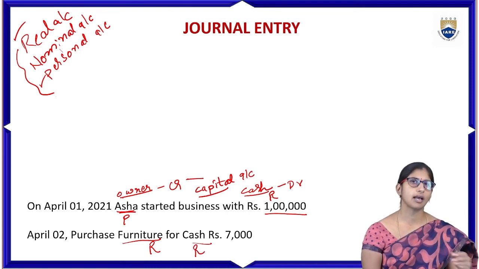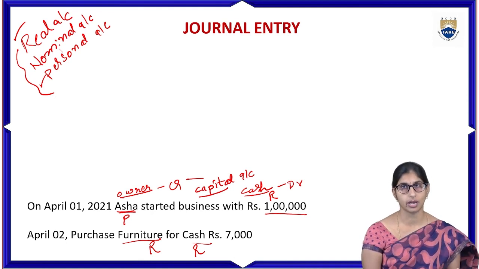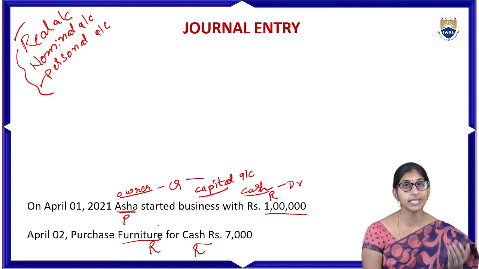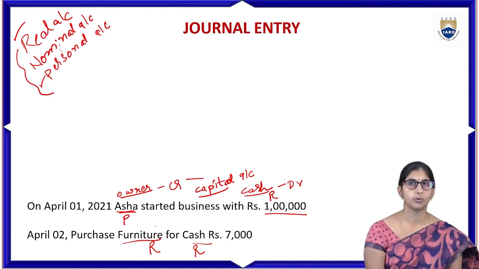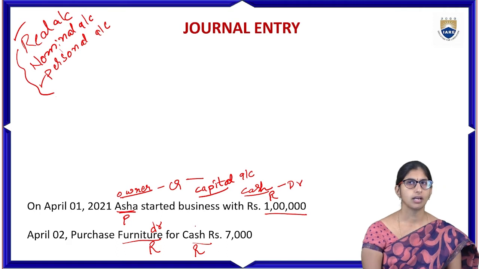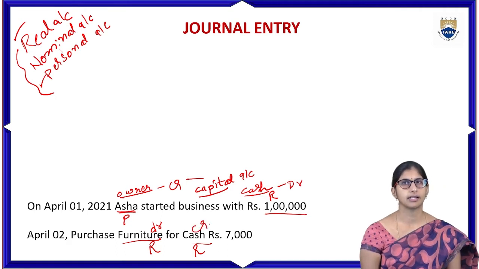So let us apply the real account rule. Debit what comes in, credit what goes out. Here we purchased furniture, which means furniture is coming in, so we have to debit it. And once we purchase furniture, cash is going out of the business, so as per the rule of real account, it has to be credited.